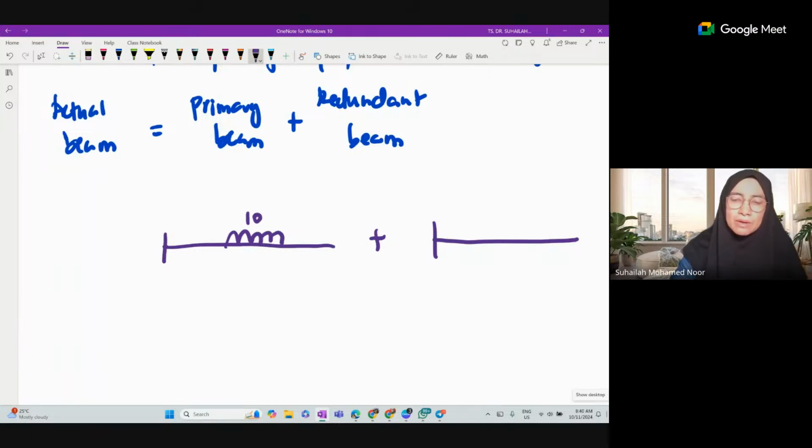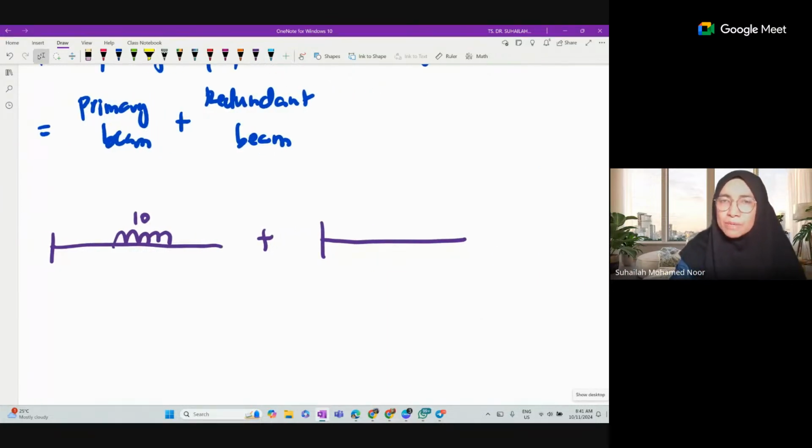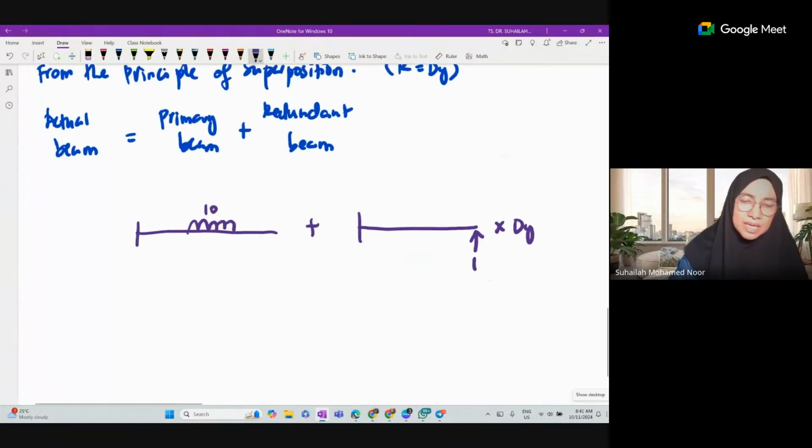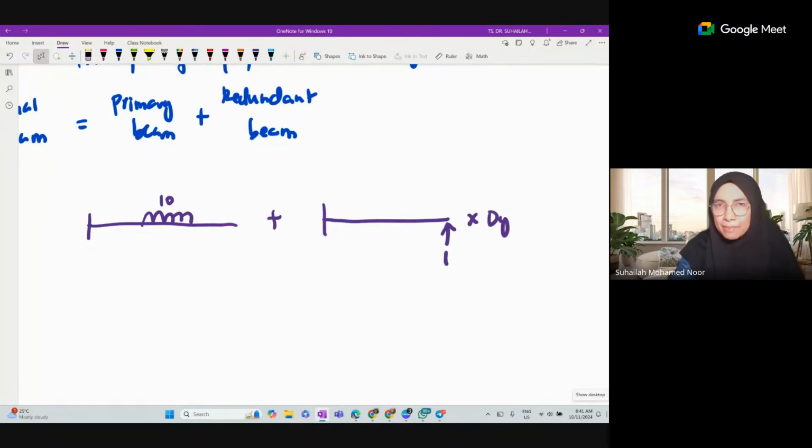For the redundant beam, we have to apply a unit value of DY. So this is the diagram: one is the primary beam, one is the redundant beam.